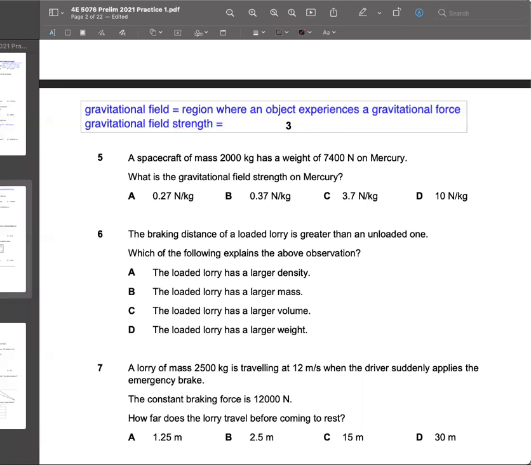Gravitational field strength refers to gravitational force per unit mass. So in this case, this really refers to g. g will be weight over mass. So from here, this is where we get W equals mg.